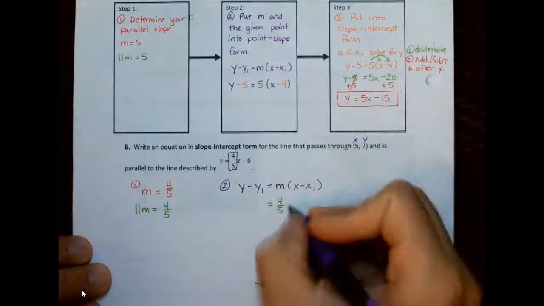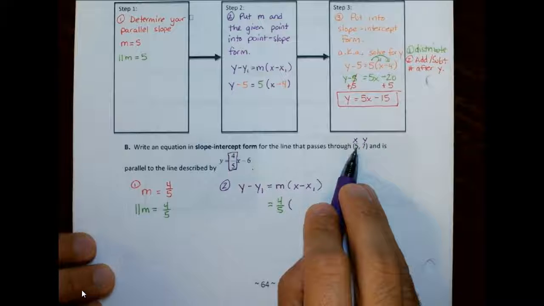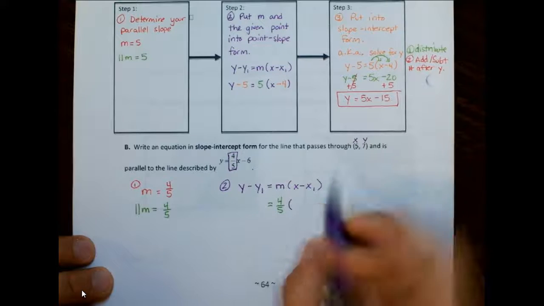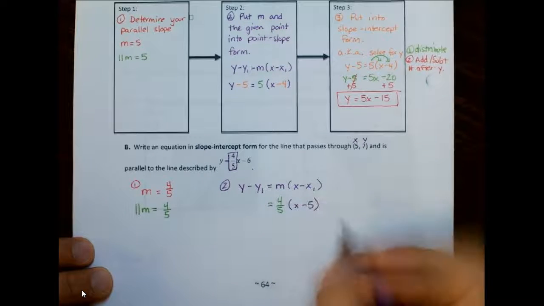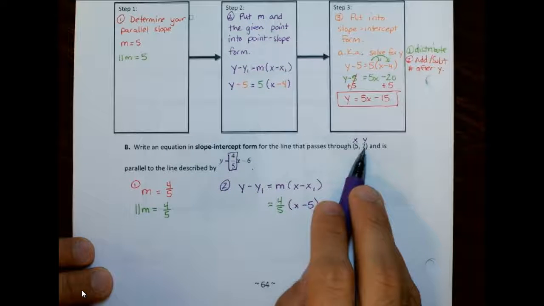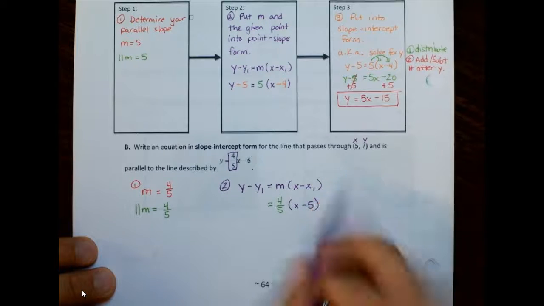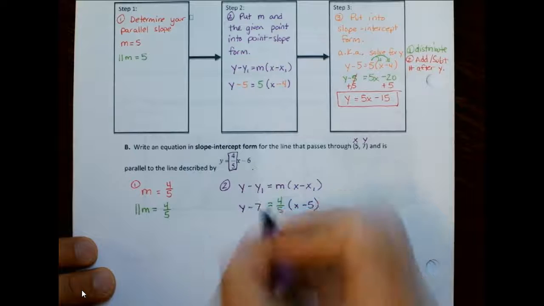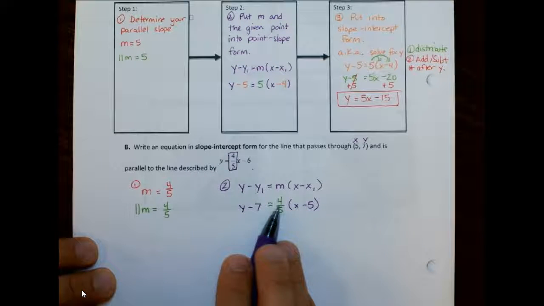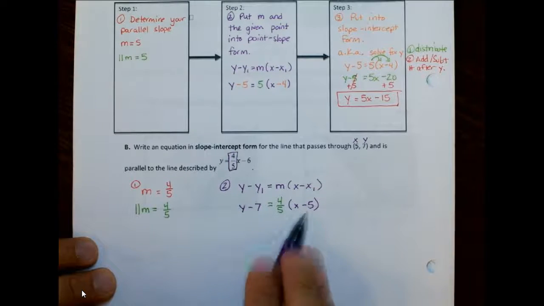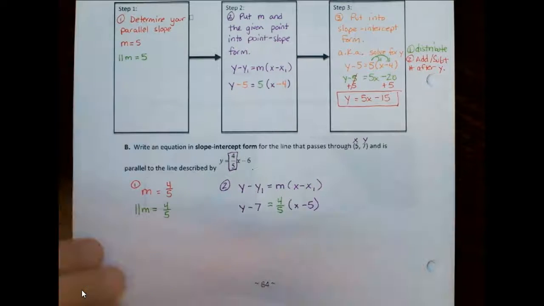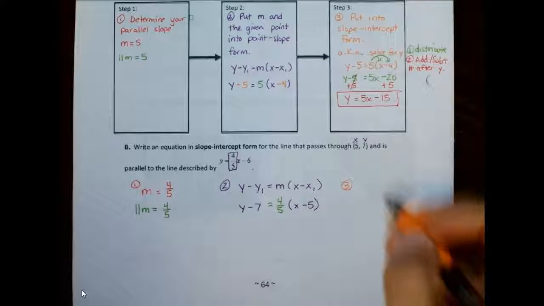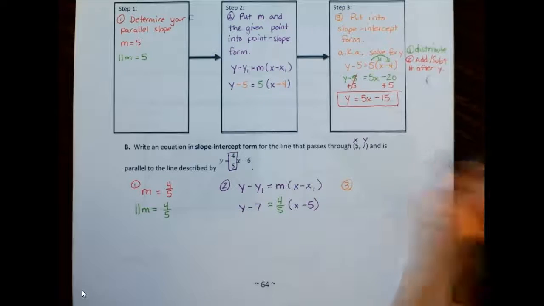I know that x1 is 5, so if I take the opposite of that, that would be minus 5. And I know that y1 is 7, and the opposite of that would be minus 7. So y minus 7 equals 4/5 times the quantity x minus 5. Step 3, we want to solve for y, put it into slope-intercept form.